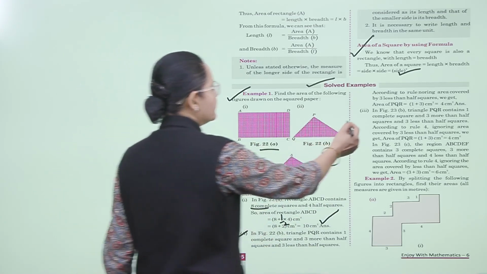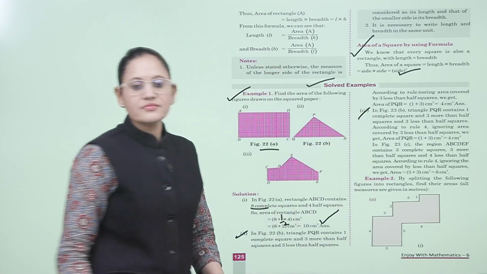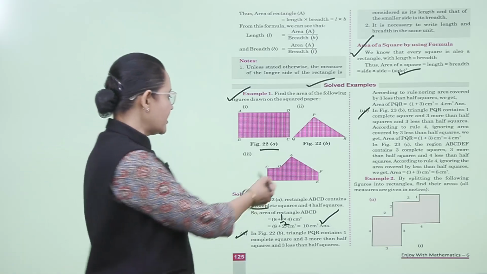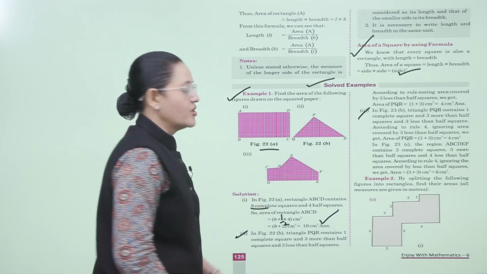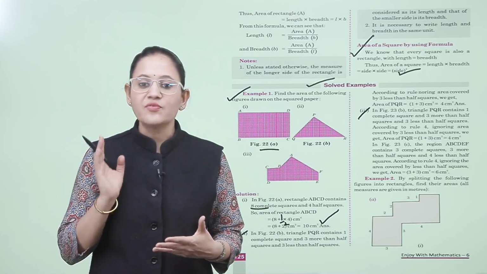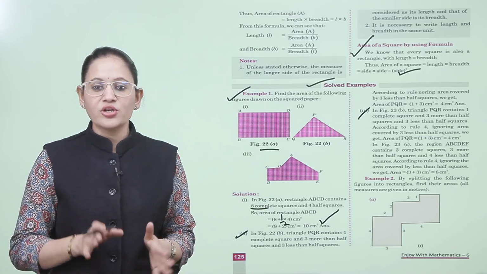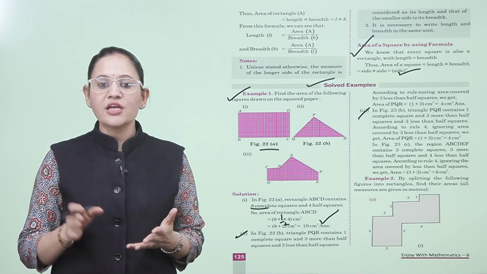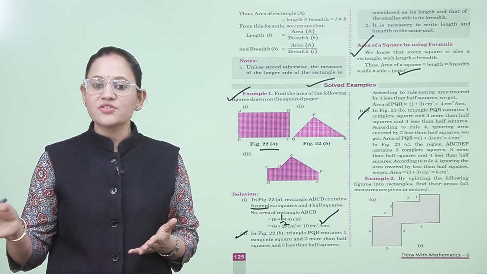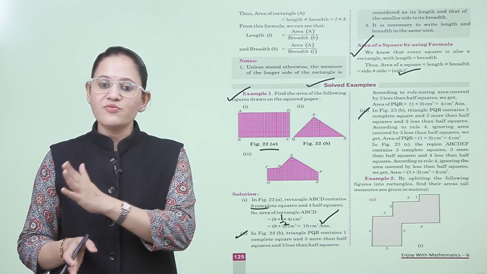In the third figure, we can see there is a triangle and a square. Triangle PQR contains 1 complete square, 3 more than half squares and 3 less than half squares. According to the rule, ignoring the area covered by the 3 less than half squares, the area will be 1 plus 3, 4 centimeter square.